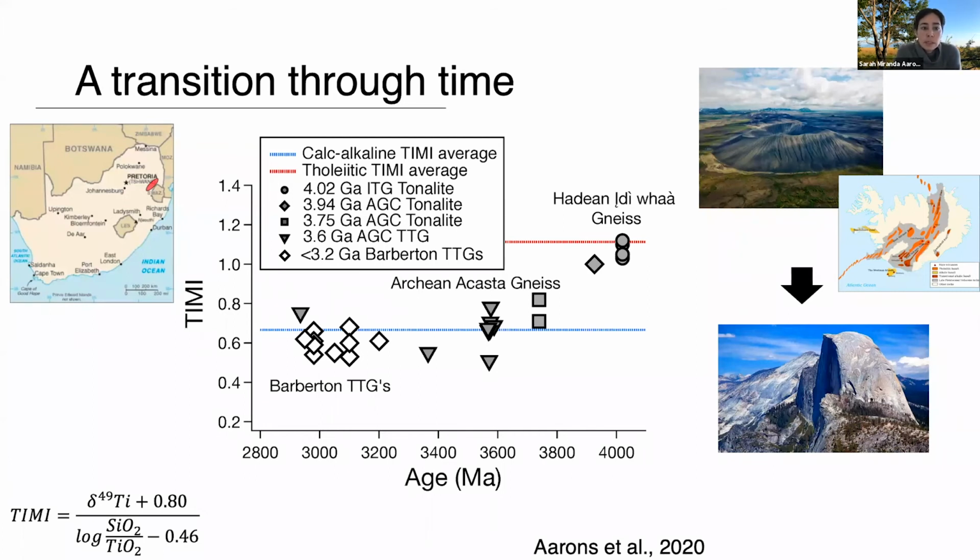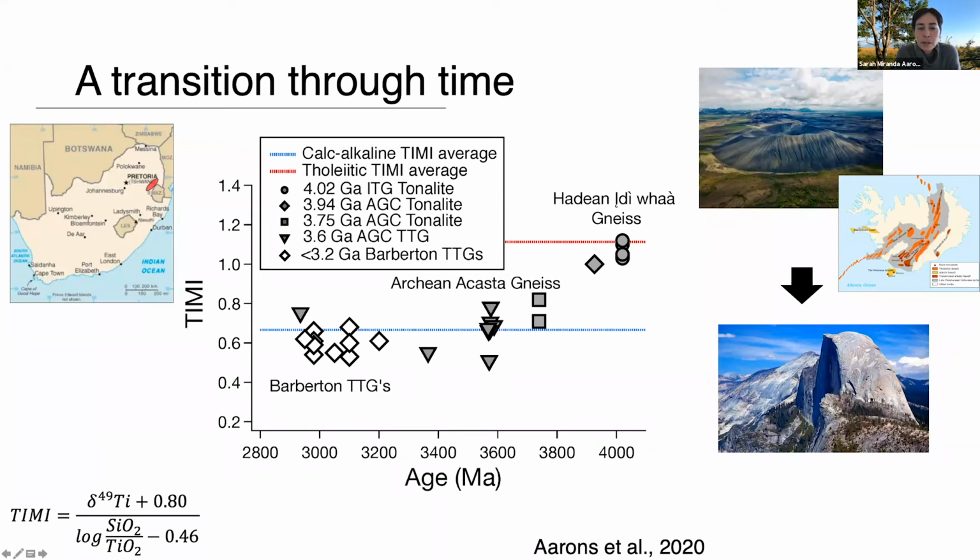What I'm showing here is essentially Timmy, and I'm showing the equation for it down here, but it's basically related to the titanium isotope composition and some trace element compositions of our rocks relative to age. Age here is 4 billion years ago, and this is 2.8 billion years ago.